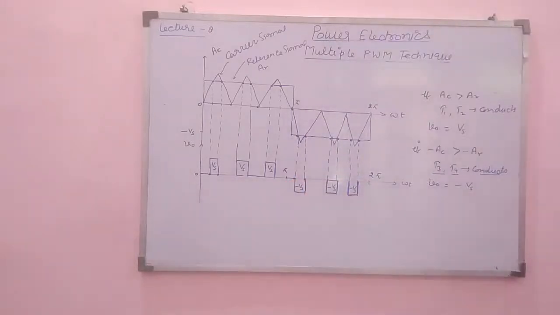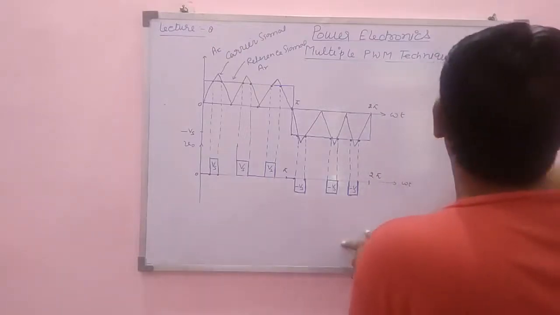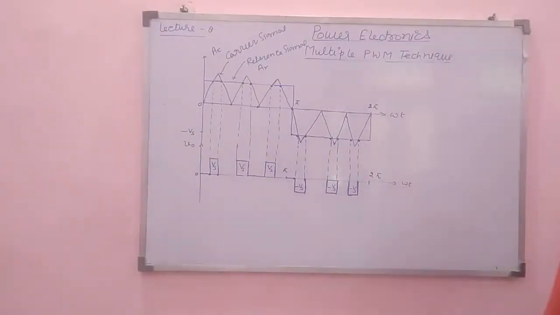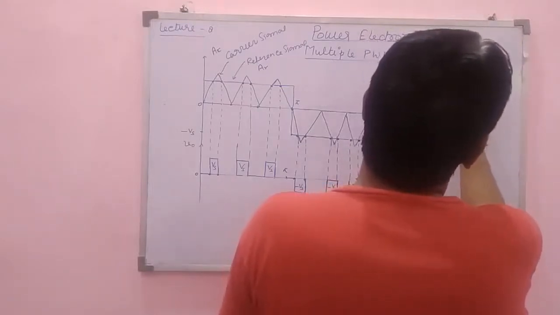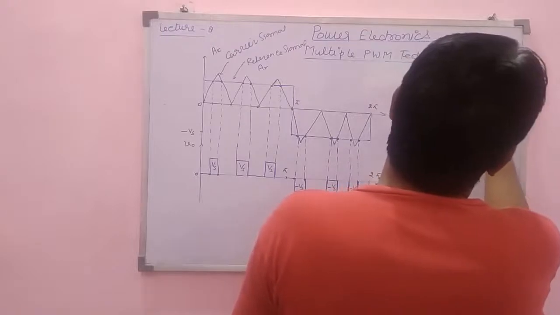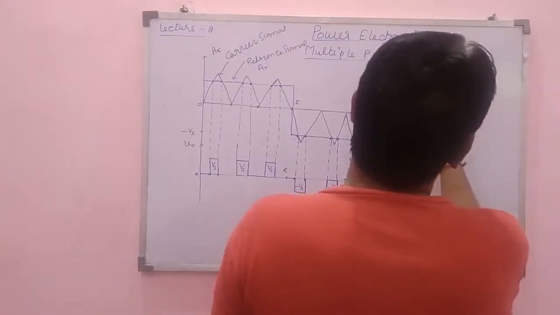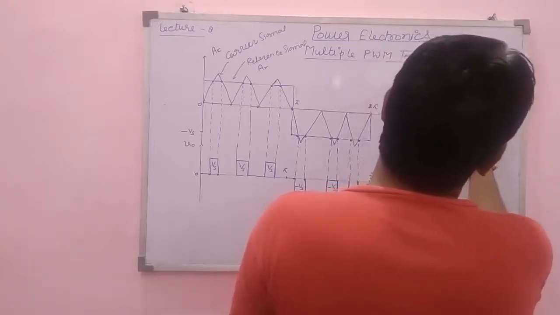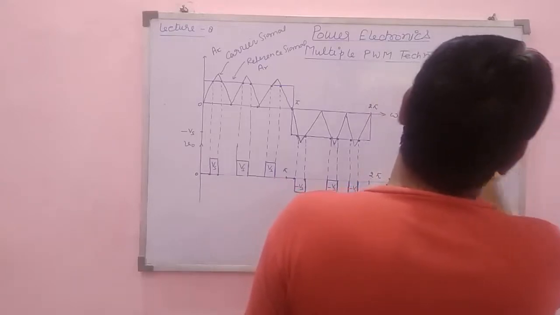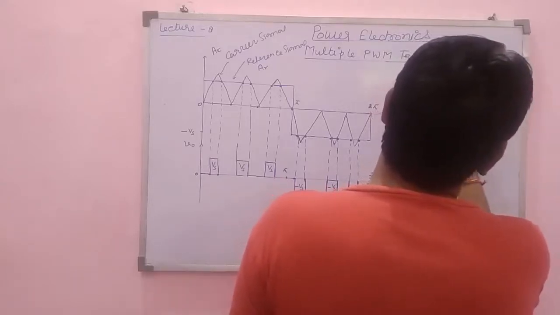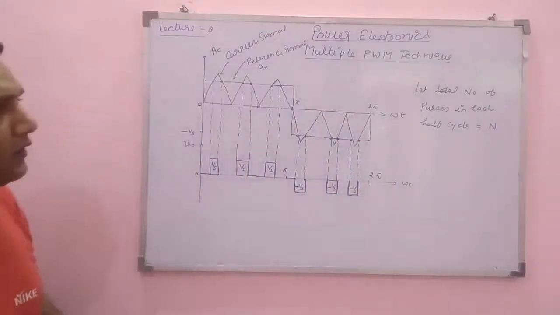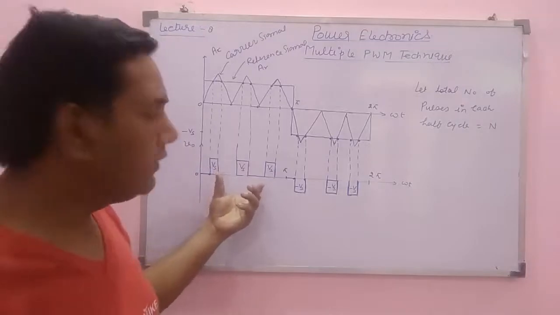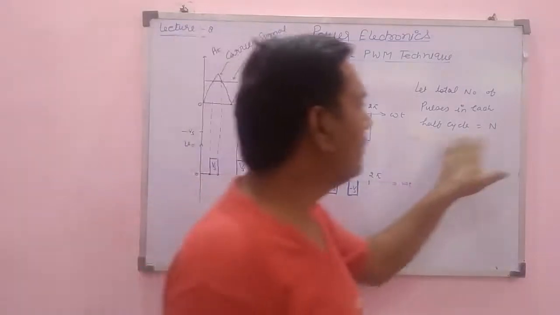So let the total number of pulses in each half cycle be equal to, suppose, n. We have considered that the total number of pulses of the output voltage in each half cycle is equal to n.